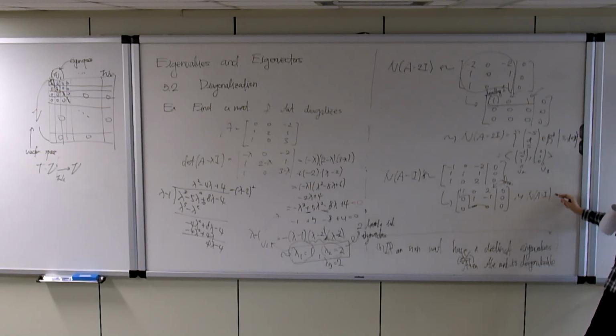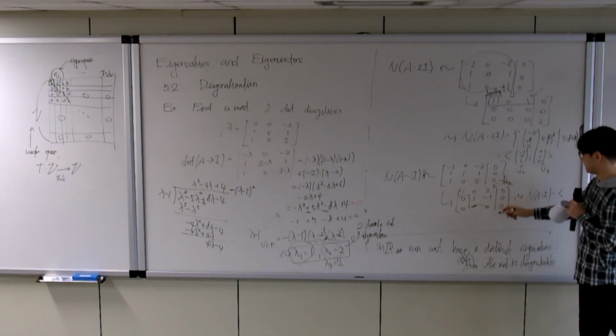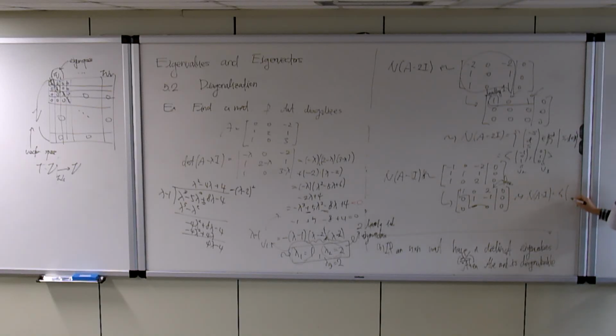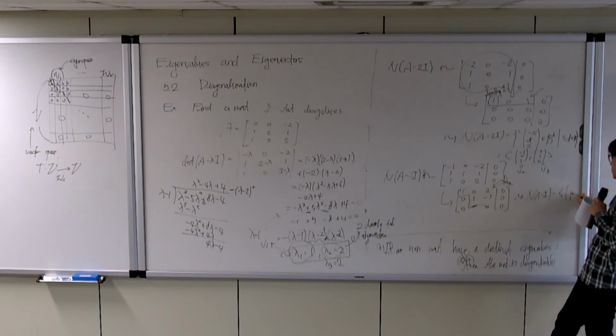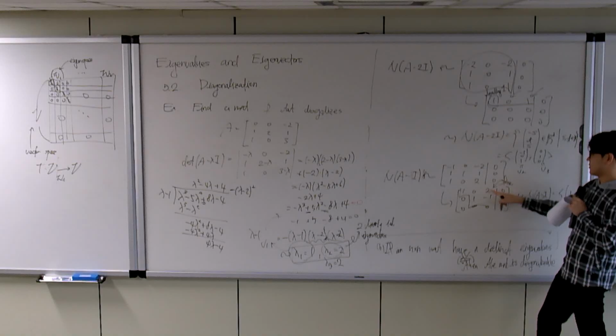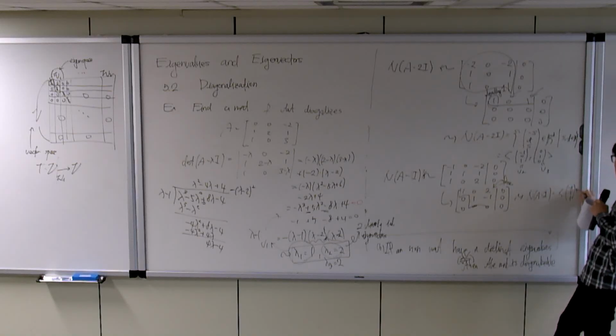By calculating the inverse matrix, you get the diagonal matrix, and the entries would be the eigenvalues.